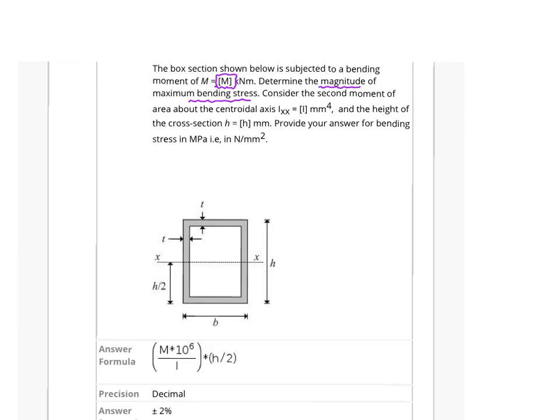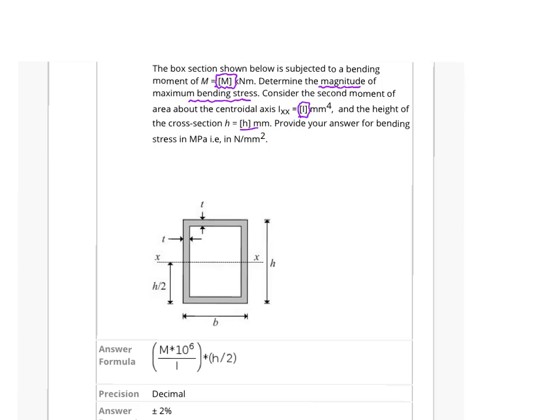I'm asking for the maximum numerical value of the bending stress. If the compressive stress is higher in magnitude, then you should choose that. You are also given some value of I, the second moment of area, and the height of the cross section. Provide your answer in MPa. So you have to take care of the unit here.